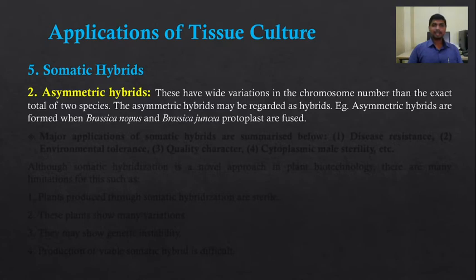The asymmetric hybrids may be regarded as partial hybrids. For example, asymmetric hybrids are formed when Brassica napus and Brassica juncea protoplasts are fused. The chromosome number is not the exact total of the chromosomes of the two species. These are asymmetric hybrids.